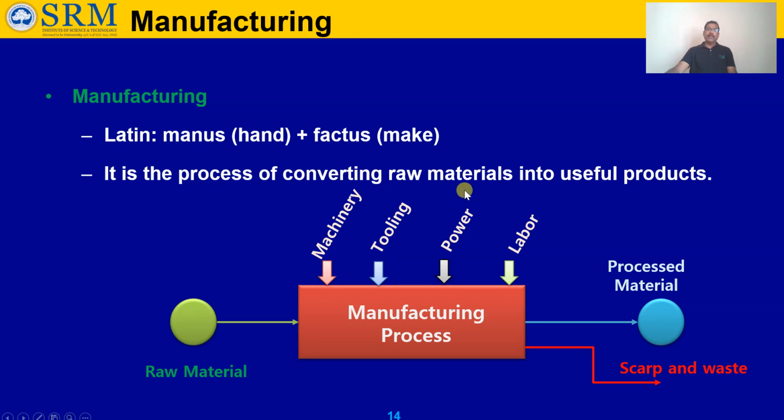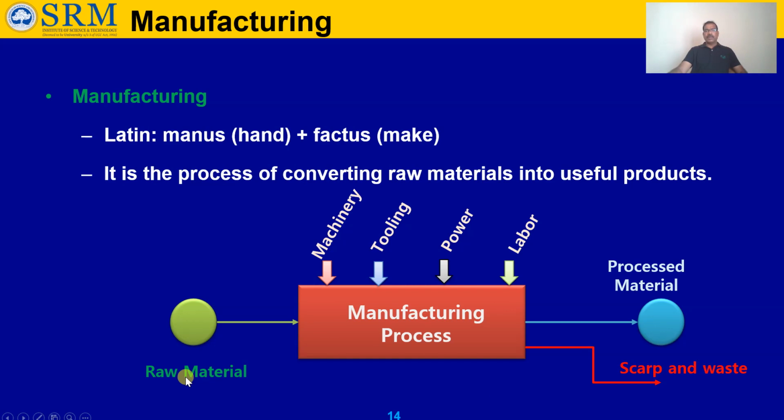And power: what kind of energy, whether we are using electrical power, hydraulic power, or chemical power, like in ECM machines, where we use chemical power. Or some other means of power for removing material, and input of labor. So all this together we can call a manufacturing process.